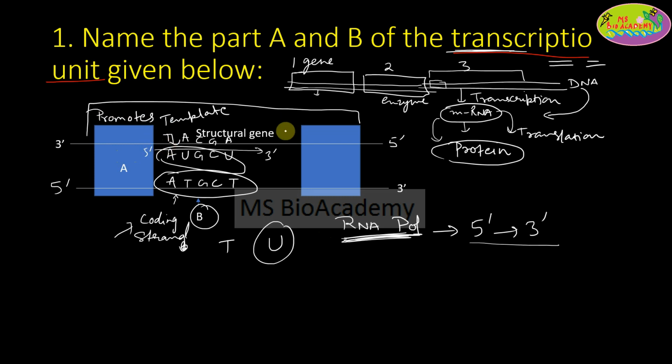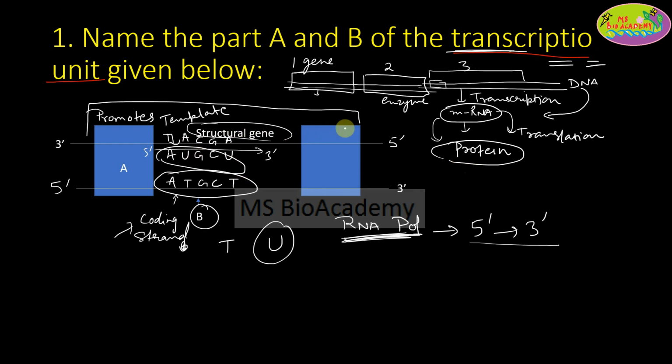And next to this region is the main gene, called the structural gene. This is the sequence from where our mRNA is going to be formed, to carry the message in order to synthesize the specific protein, right?